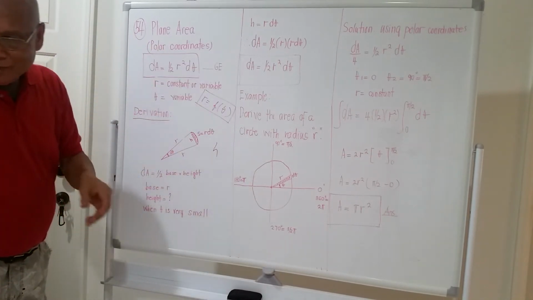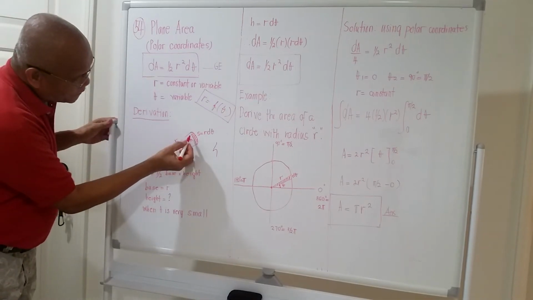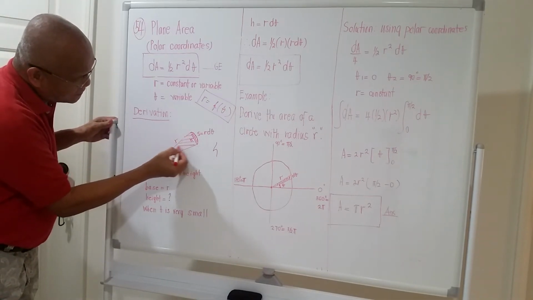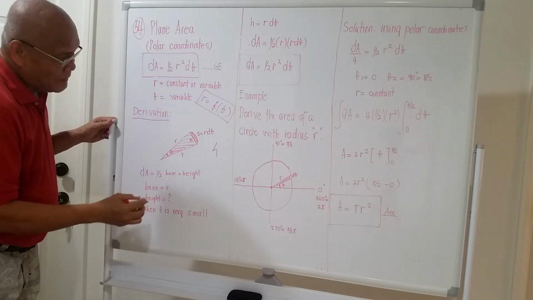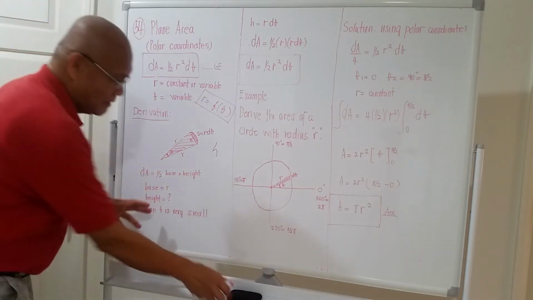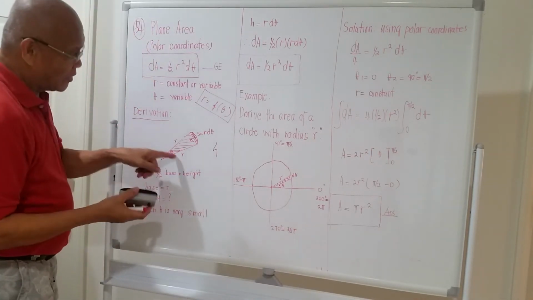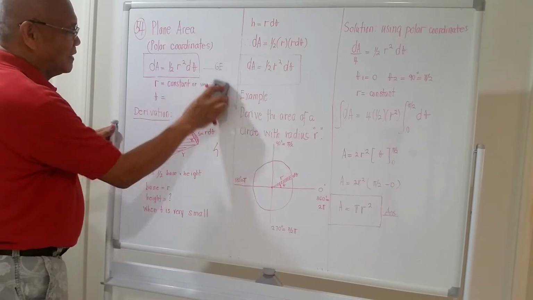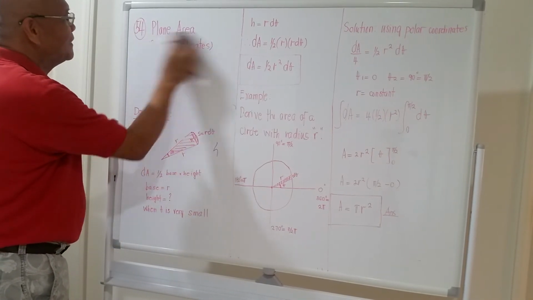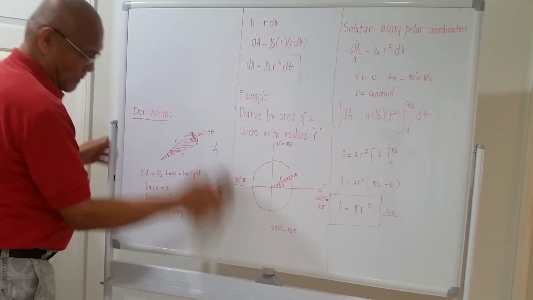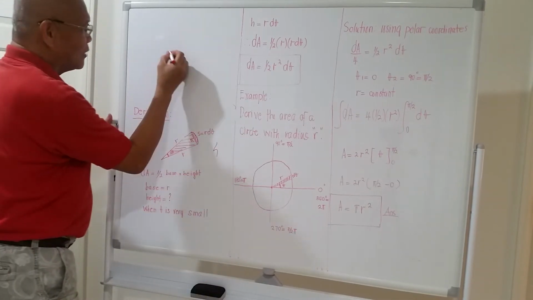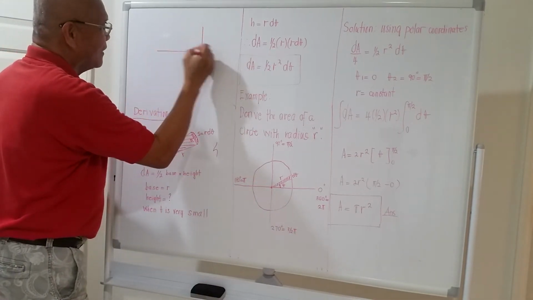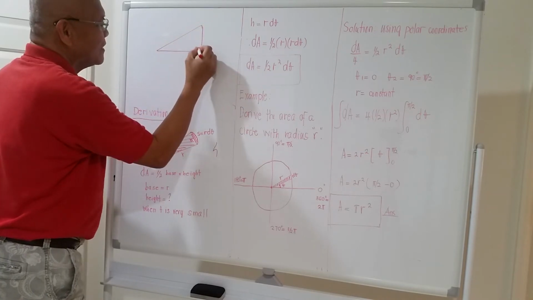So to compute for the total area of that, I will now try to bring out a right triangle, something like this.